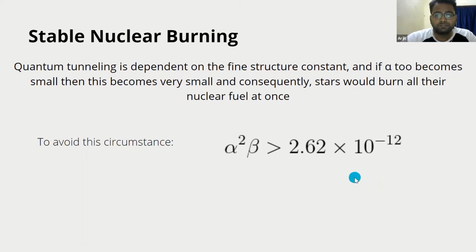If alpha becomes too small, this also becomes too small, and consequently the star burns all its fuel at an instant, and we don't want that. We want the star to live long enough for life to occur. That gives this constraint: alpha squared beta should always be greater than 2.62 into 10 to the power minus 12.